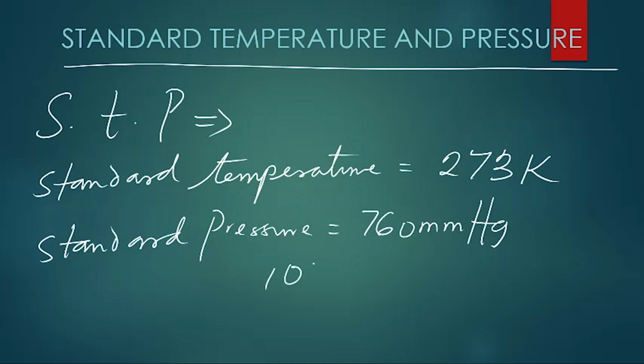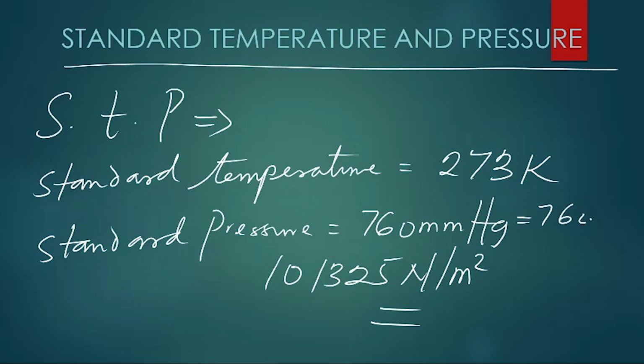Or 101,325 Newton per meter square. So you either have 760 millimeter mercury, 76 centimeter mercury, or 101,325 Newton per meter square.